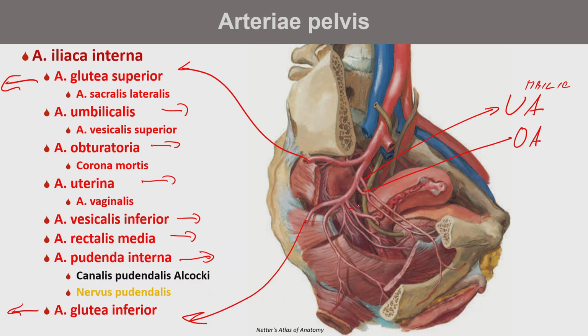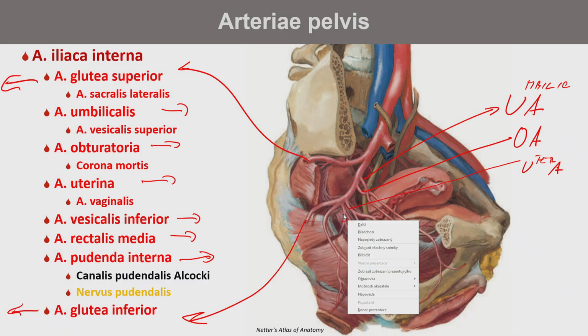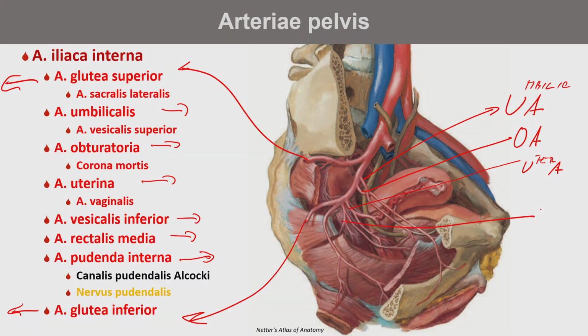The third one is the uterine artery. And then the arteries which are also supplying the rectum, the rectal artery, but it is the medial. And the last artery is the internal pudendal artery.